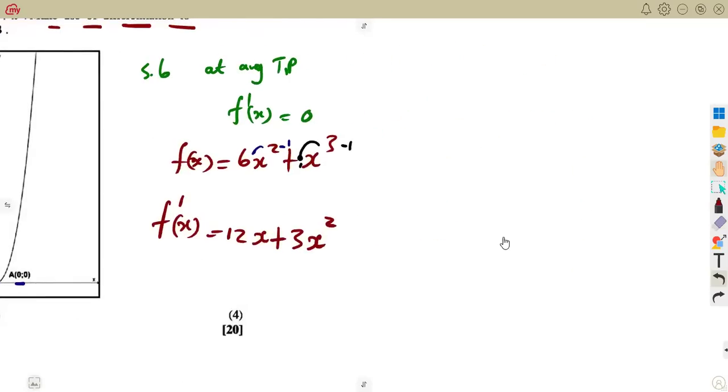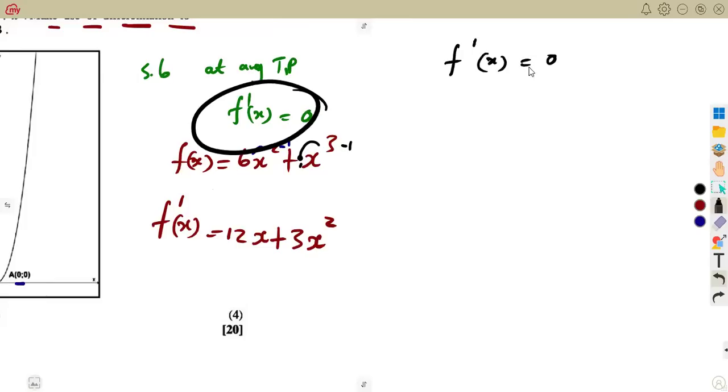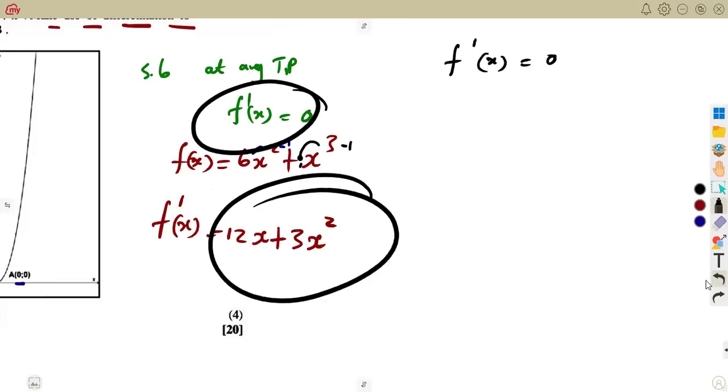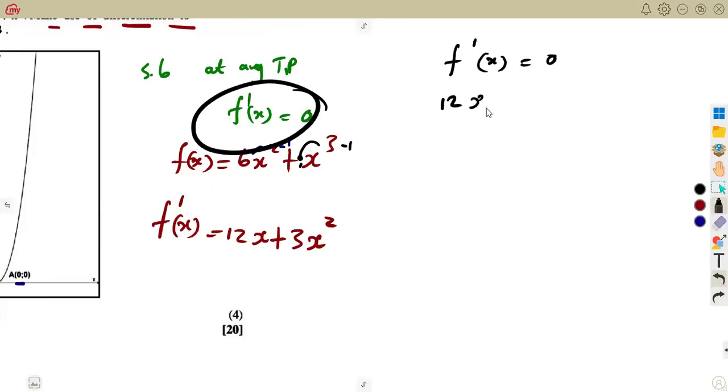And at this turning point, this first derivative must be equal to 0. Knowing this, we are simply going to form an equation that this here is equal to 0. 12x plus 3x squared is equal to 0, where we can solve for x, a binomial in that case, 2 terms.